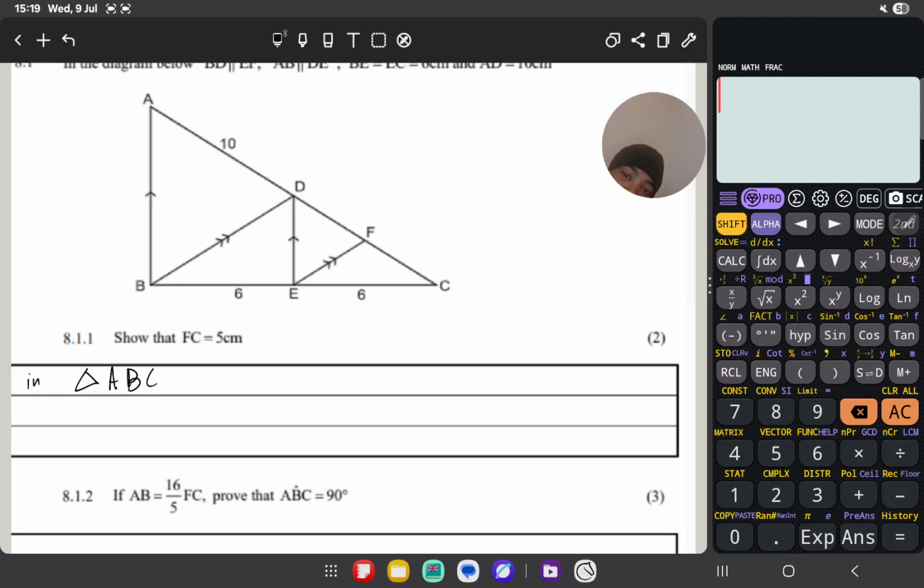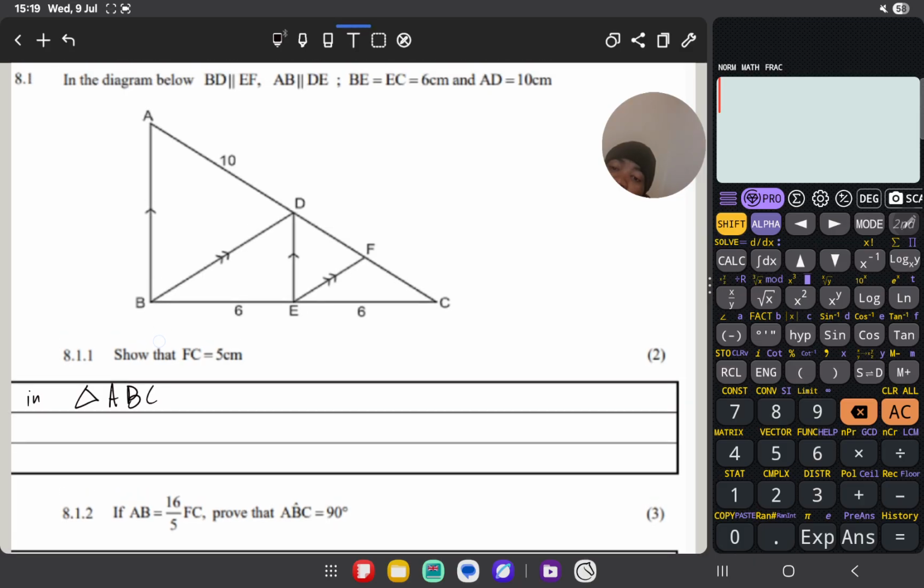Do you see what is happening over there? E is a midpoint of BC. We have AB parallel to DE, E being a midpoint of BC.